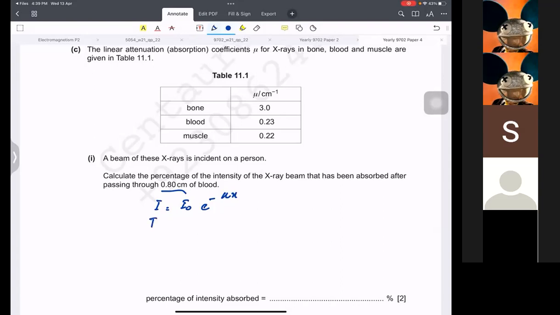So we want to find the percentage, so I'm just going to divide this. e to the minus mu, which for blood is 0.23, and x is 0.80. So what is the answer? Can you guys guess? 83%. Sorry? 83%. 83% is going to be transmitted.